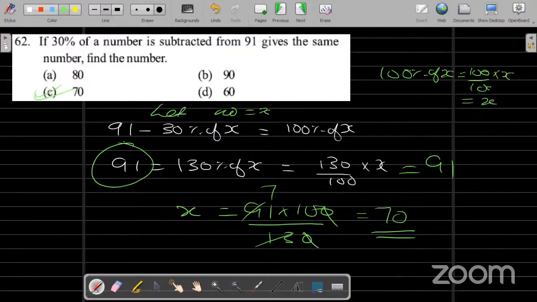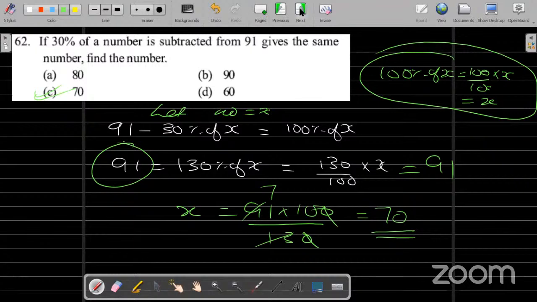That is x itself. So any number can be taken as 100% of the number. So instead of x, I can go for 100% of x. 91 minus 30% of x will be 100% of x. So 91 equals, on taking the 30 to the right hand side, 100 plus 30, 130% of x. 130% of x is 91. From this, I'll be getting x, which is 70.